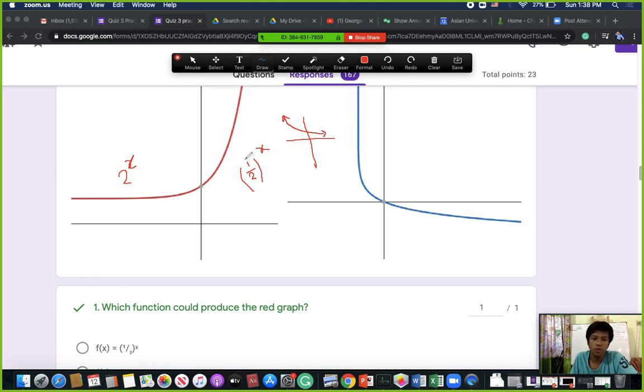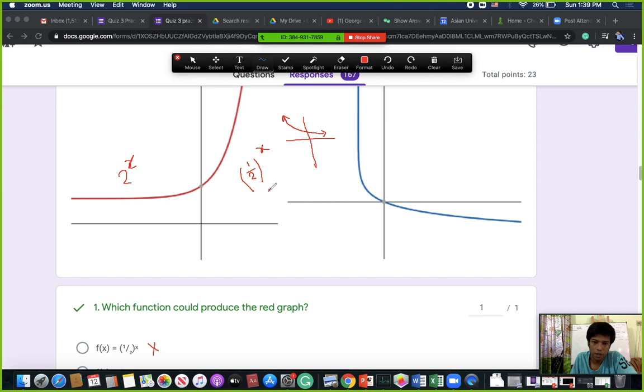So that's why the 1 by 2 to the power x graph is impossible. They are not answers. Do you understand? The reason is that the 1 by 2 to the power x graph is just the opposite. There will be a y-axis reflection for 1 by 2 to the power x. If you give a minus here, 1 by 2 means what? 1 by 2 means 2 to the power minus x. They are the same thing.